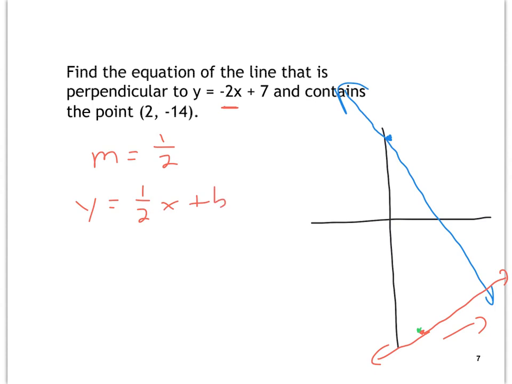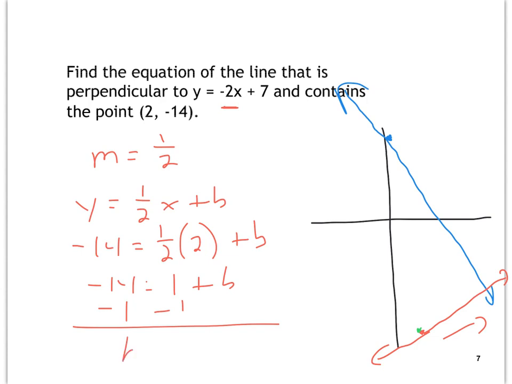Y is negative 14 equals 1/2 times my x, which is 2, plus b. 1/2 times 2 is 1, so negative 14 is equal to 1 plus b. Subtract 1 from both sides. B is equal to negative 15.